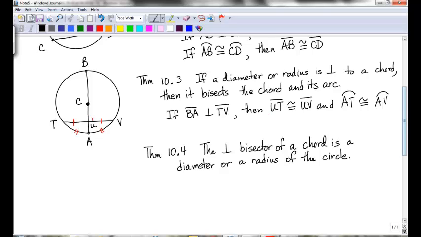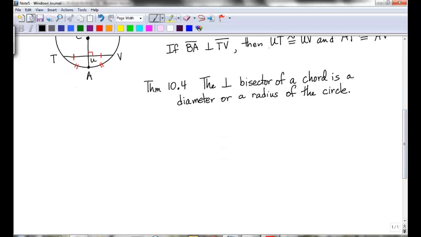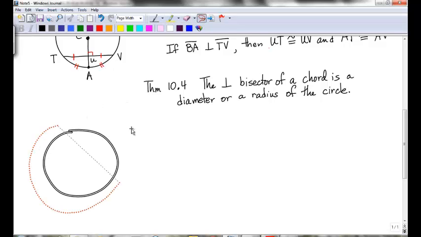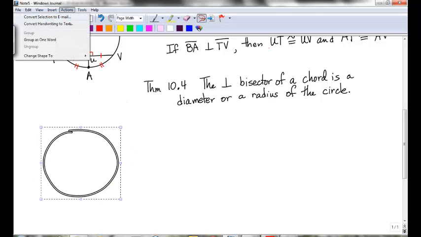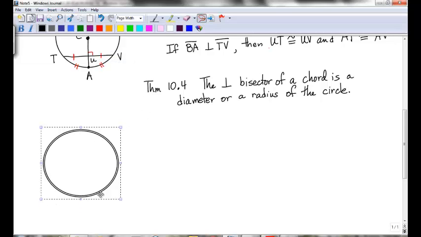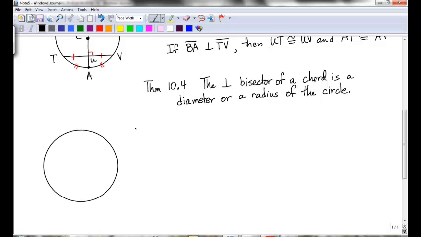Okay, let's look at an example. Draw another circle. In this example, circle W, and I'll come back and do the labels. Circle W has a radius of 10.